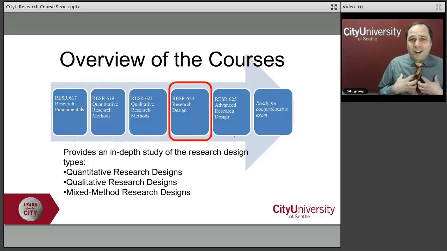And as a chair of dissertations myself, I would tend to recommend avoiding it, because I'm quite certain whatever it is that you want to look at in the area of leadership and solving problems in leadership, you can get answers towards the application of a resolution to that problem with one of these other two methods. All right, now let's go on.